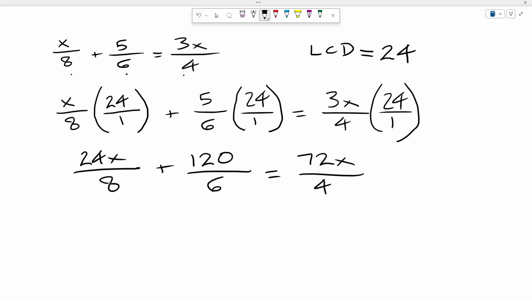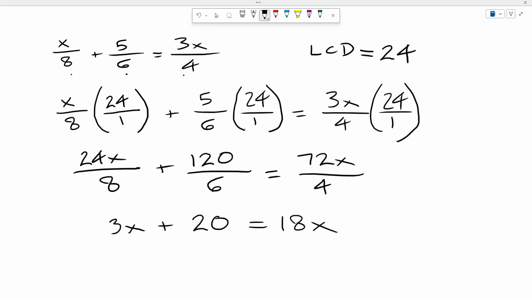Okay? And now let's do some division and get rid of the fractions once and for all. So we have 24 divided by 8, so that's 3x plus 120 divided by 6, that is 20. And then 72 divided by 4, that comes out to 18x.